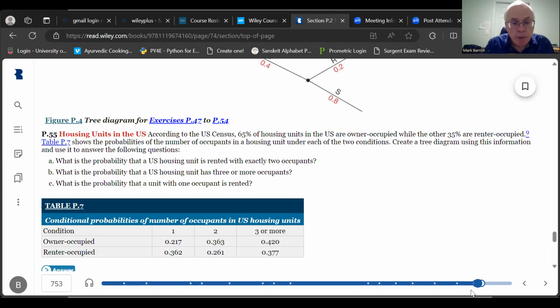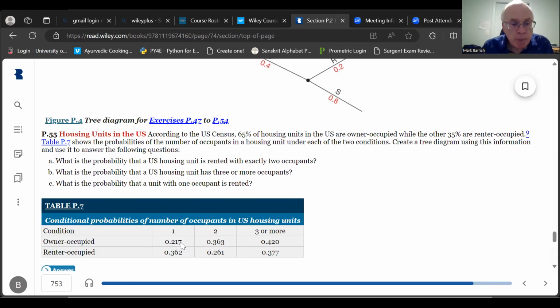Now, what you see below here in this box are conditional probabilities. This is a little different than what you saw in one-way and two-way tables before, so you have to be careful how to read it. It says conditional probabilities of the number of occupants in U.S. housing units.